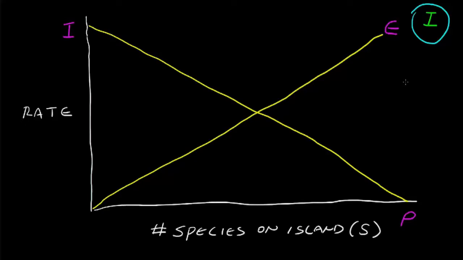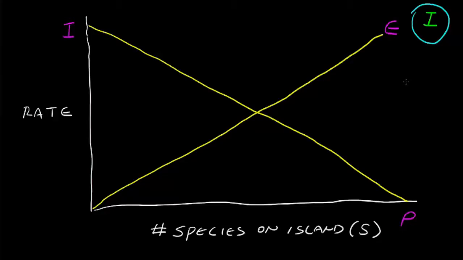Well, if you're a little insect, for example, and you're in Honduras, it's a lot easier for you to get or immigrate to an island that's nearby relative to an island that's quite far away. So an island that's 50 meters off the coast is pretty easy for you to immigrate to. The likelihood of you getting to an island that's several kilometers off the coast is very low.